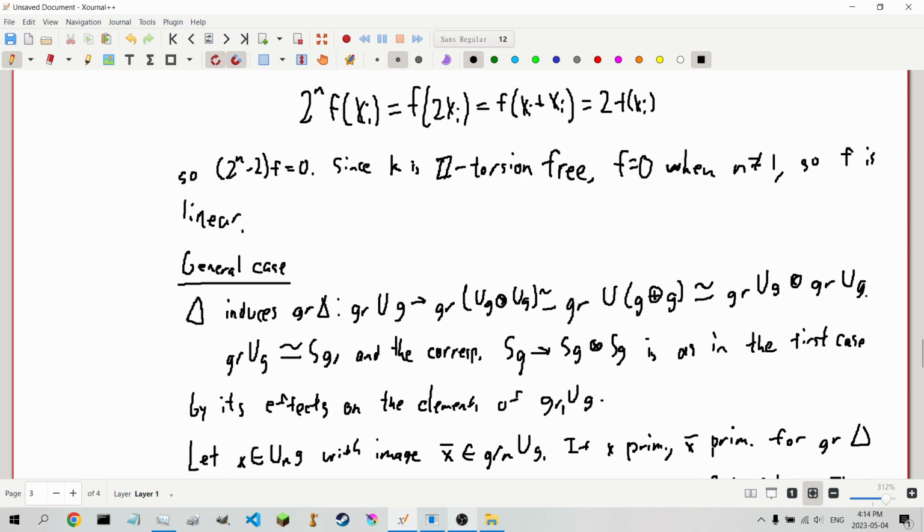So we're going to let x be an element of u sub n of g with an image x bar in the nth grade of the universal algebra.